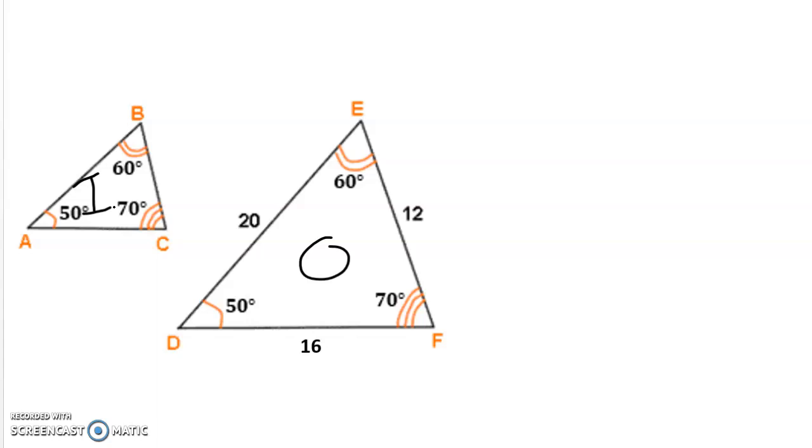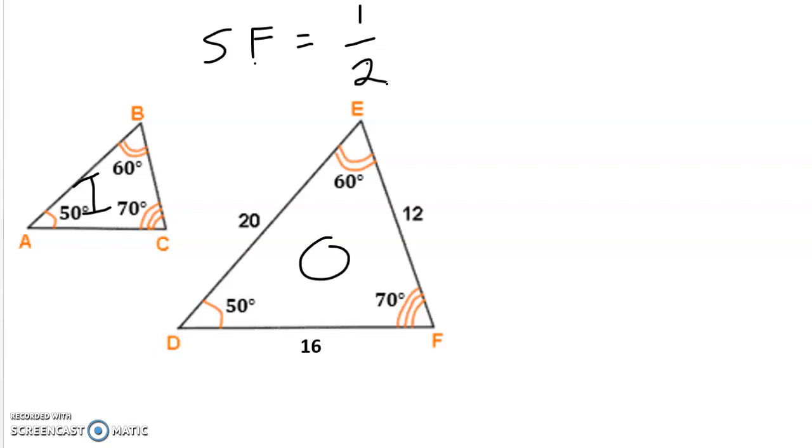Now, you need a scale factor to do a dilation. So let me give you the scale factor. Let's say that the scale factor, SF, this time is 1/2. You do the exact same process that we did before.